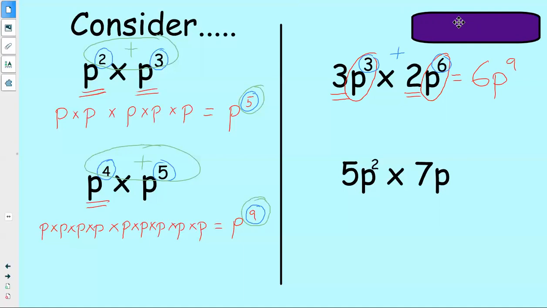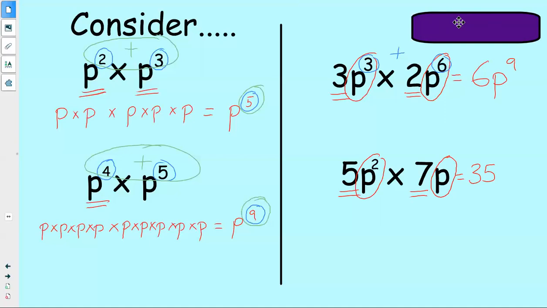Let's try this next one here. Do your numbers first. 5 multiplied by 7 is 35. Look at this p squared and then look at this p. Now remember I said earlier when a variable on its own is written, it really has a power of 1.